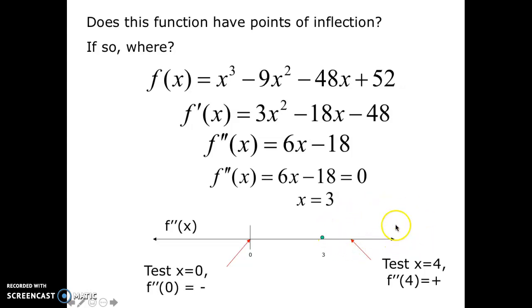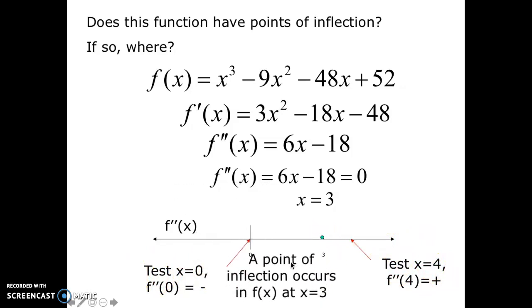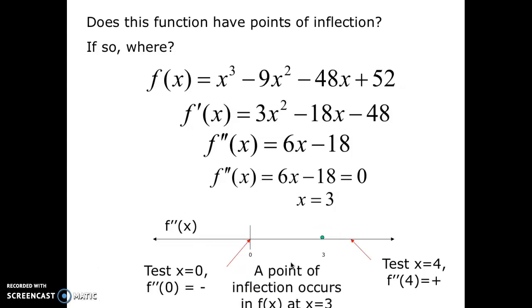That tells me that the curve is concave up from 3 to infinity. That means x equals 3 must be a point of inflection, because by the concavity test, the second derivative is changing sign around this possible point of inflection. So a point of inflection occurs in this function at x equals 3.